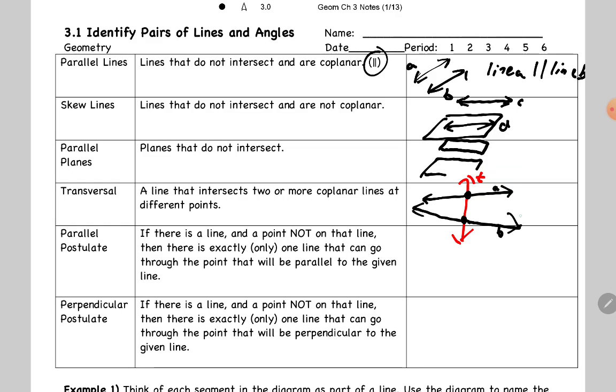So we have a parallel postulate. If there is a line, so here's a line, and a point not on that line, then there is exactly one line that can go through that point, and it will be parallel to the given line.